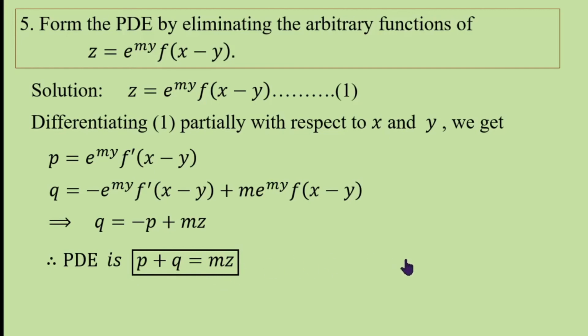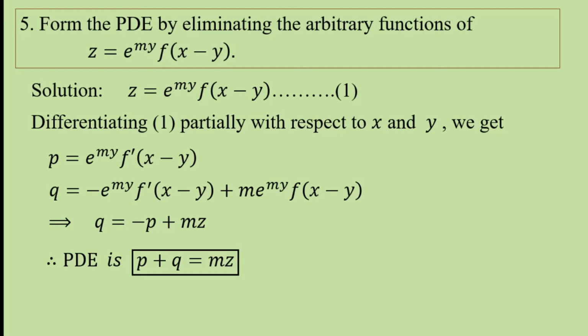So we discussed some types of equations to find the partial differential equations. We made it two types. One is z equal to f of ax plus by plus g of cx plus dy. To find the PDE, directly you can find r, s, t.